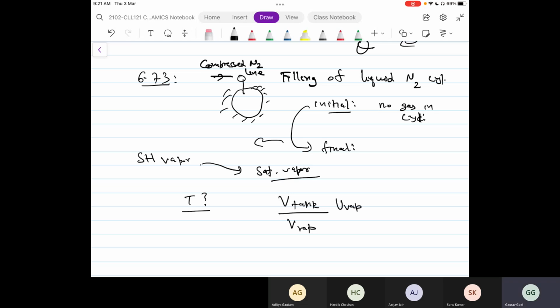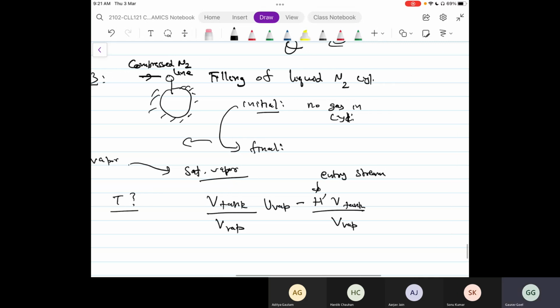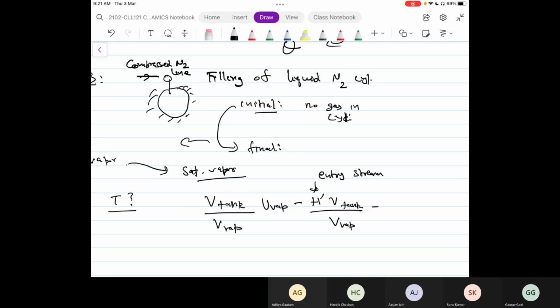All of these properties I am mentioning, V vapor, U vapor, all of these refer to the final state, where these are properties of the saturated vapor. And this data is given to you in the problem statement. H prime refers to the entry stream enthalpy. So this will be a fixed value at the condition of the compressed nitrogen line.